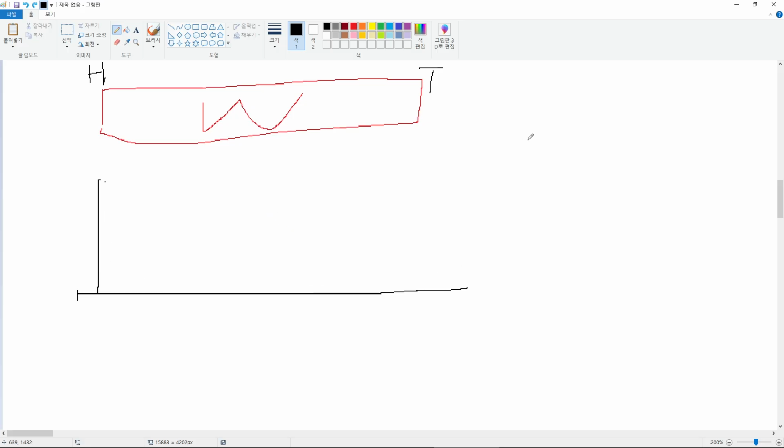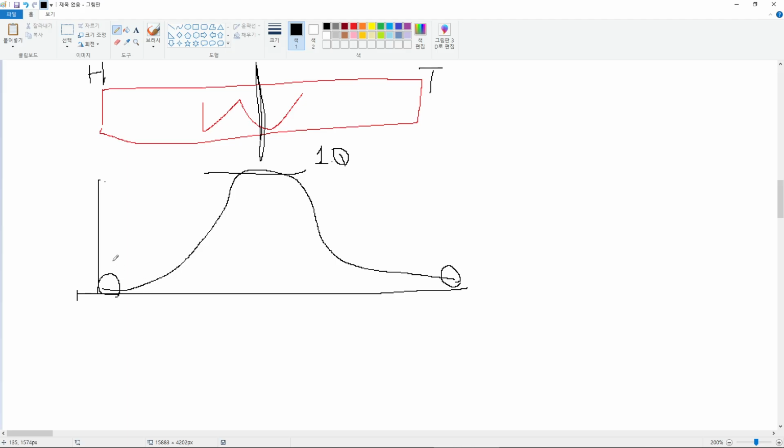So I just explained 5 of them, and the last one would be a normal distribution. In this case, the one in the very middle would have the maximum learn rate, that is 1.0, and the ones at both ends would have the minimum learn rate, which is very close to 0.